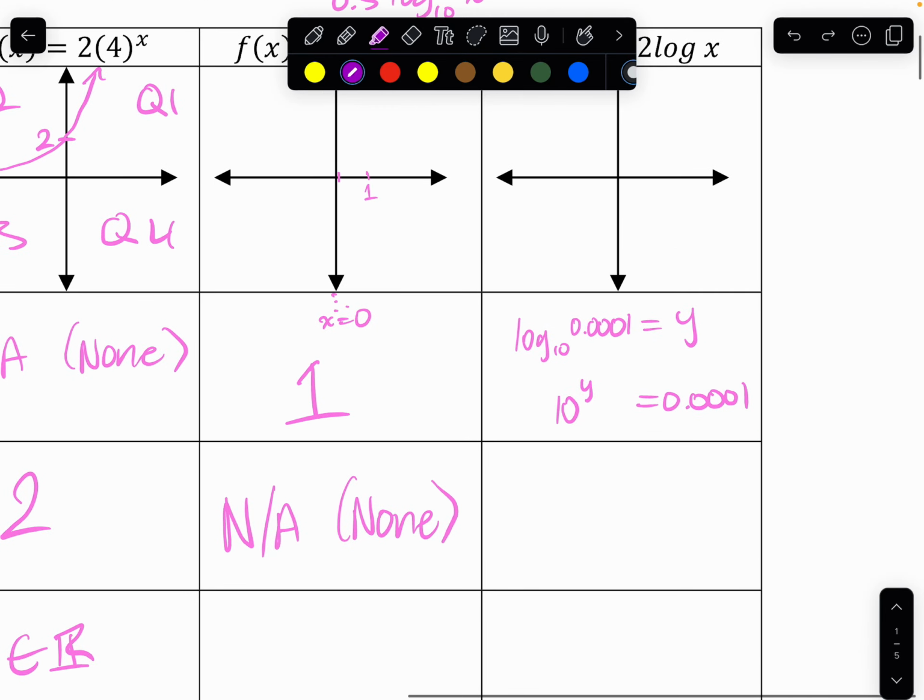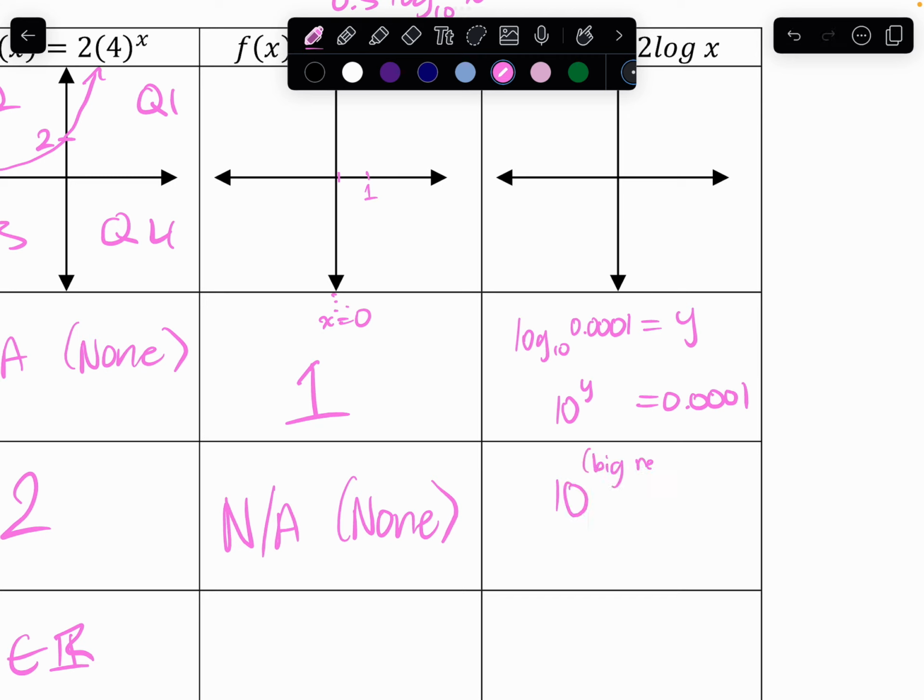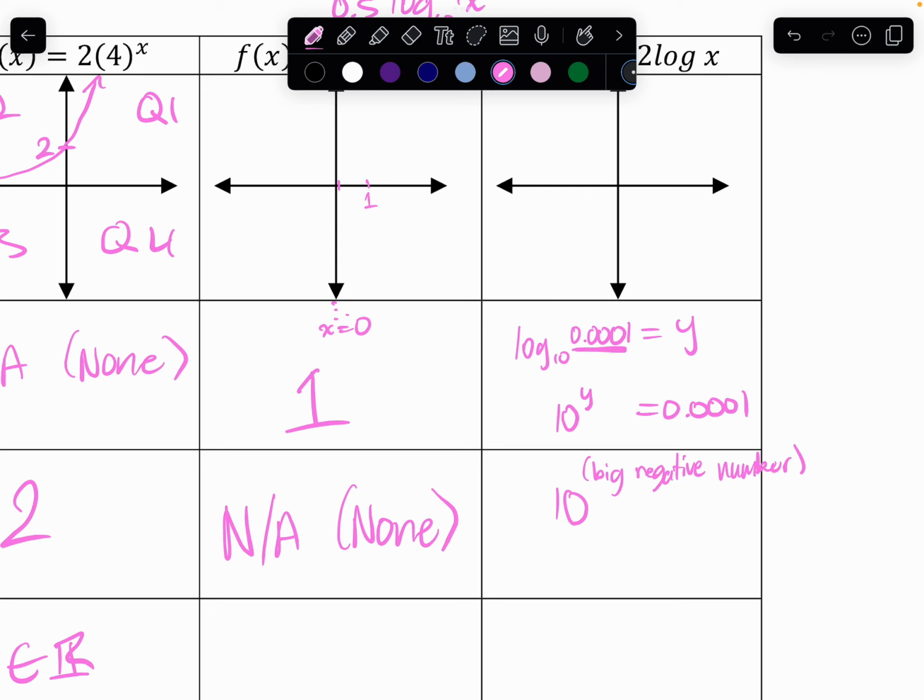So it's going to be 10 to the power of a big negative number. So as you get to a super tiny but not 0 x number, it's becoming a really, really small y number.